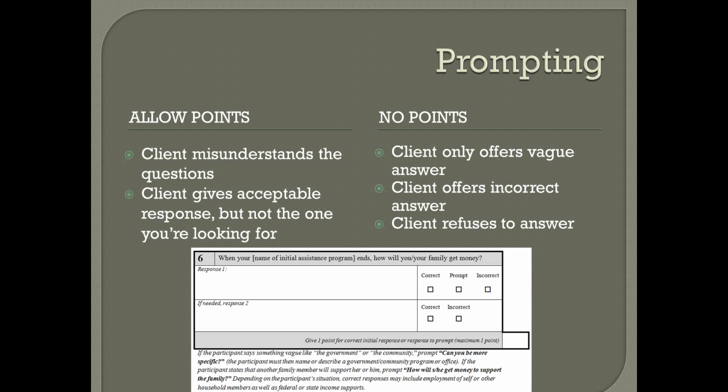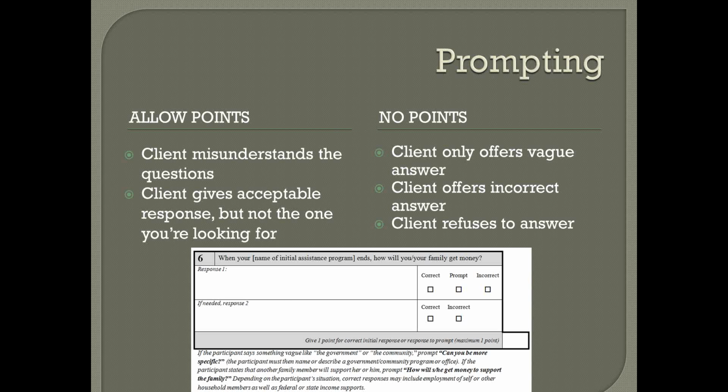Obviously, if they offer an incorrect answer, whether that's before or after prompting, that's going to have to be no points there. Or if the client, for some reason, refuses to answer. Take a question like, how will your family get money, the one that we see here.